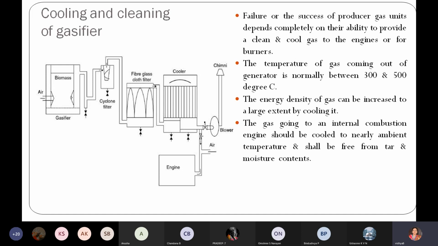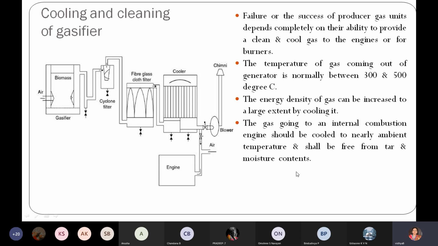The gas going to an internal combustion engine should be cooled to nearly ambient temperature and shall be free from tar and moisture contents. That means it requires cooling and also a filter, because it should be free from tar and moisture contents.